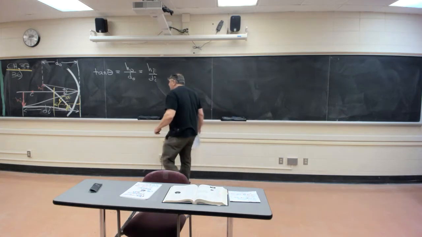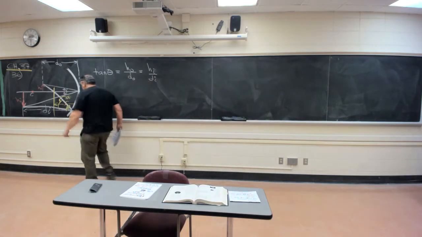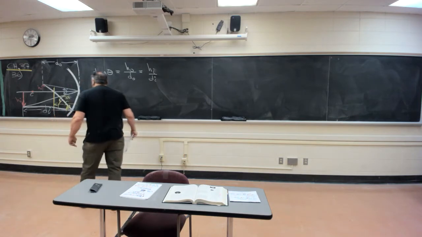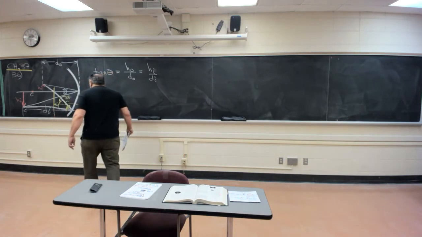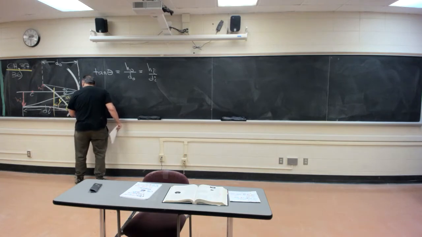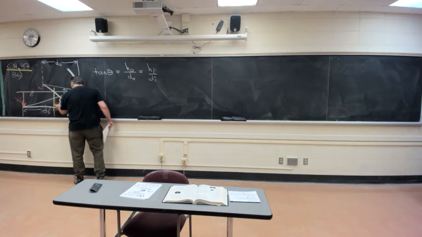And tangent of alpha, this guy right here, is the run. Well, here we got to be careful. This run right here is F, but you know, yeah, okay, so yeah, that's the run, and this is alpha right here.